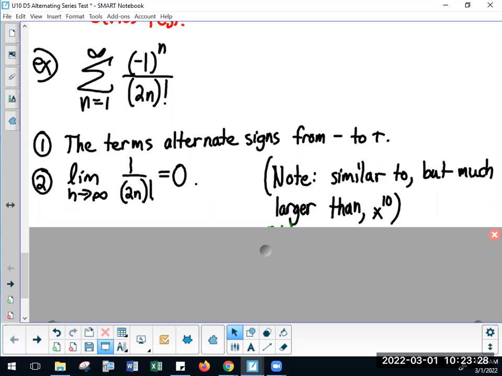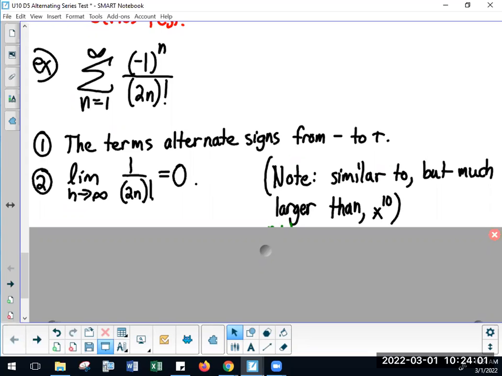You'd have 1 times itself 10 times, then 2 times itself 10 times, then 3 times itself 10 times. Well, factorials start slower, but they get really big really fast. When n is 10, you're doing 20 factorial: 20 times 19 times 18 times 17 times 16 times 15 times 14 times 13 times 12 factorial. That's a big number.